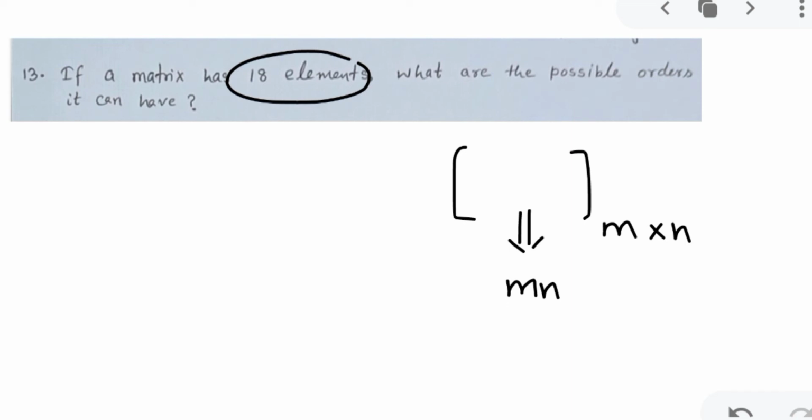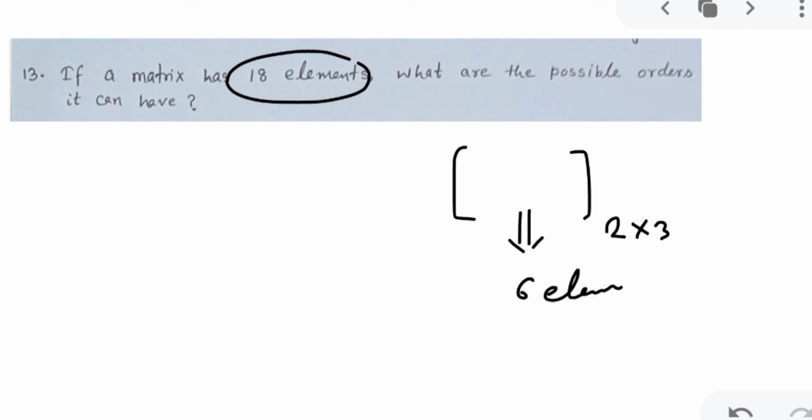Like suppose the matrix is of order 1 cross 2, correct? Then the number of elements will be 1 into 2, that is 2. If the matrix has order 2 cross 3, the number of elements will be 2 into 3, 6 elements.